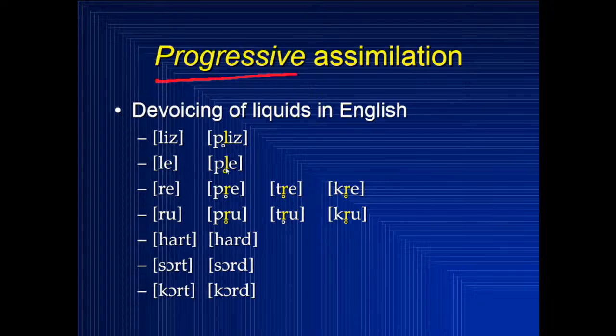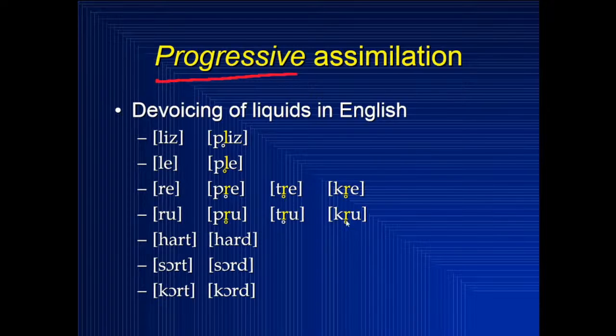Same thing in play, same thing in pray. R, we know, is a voiced sound, but when it is preceded by P here, it becomes devoiced. Same thing for R in tray, R in cray, and for example in ru, the R here is completely voiced, but in pru, in fact, here it's devoiced.